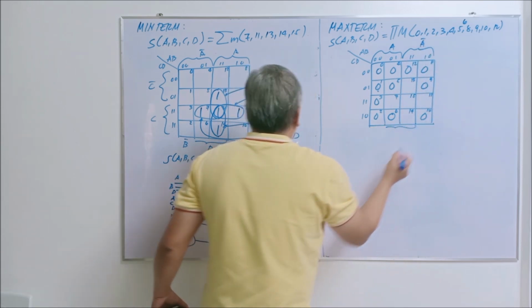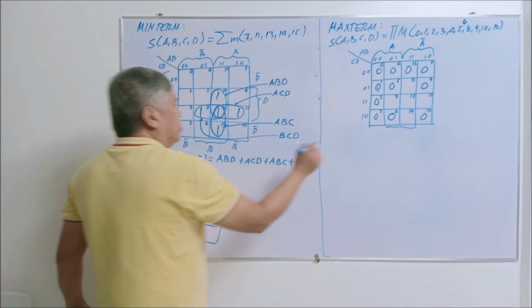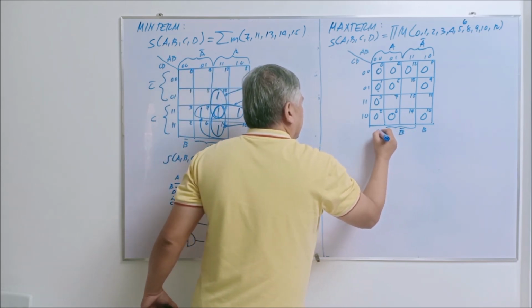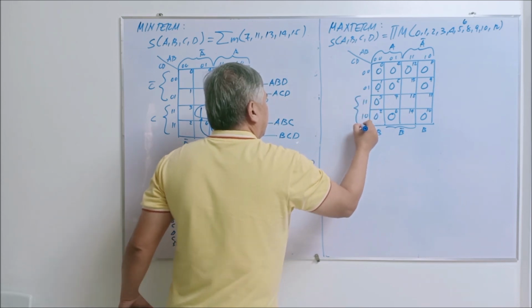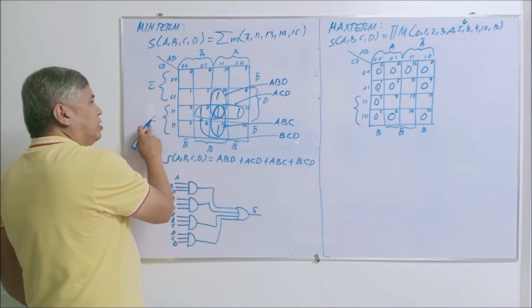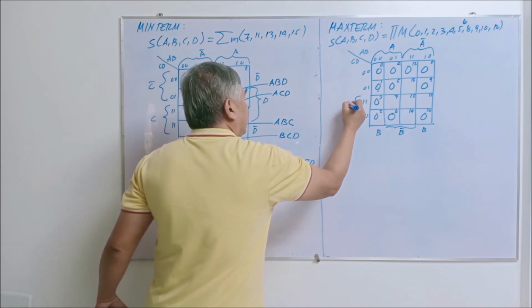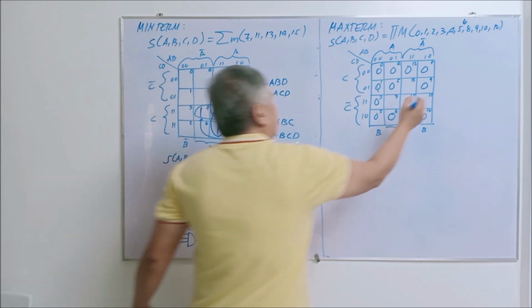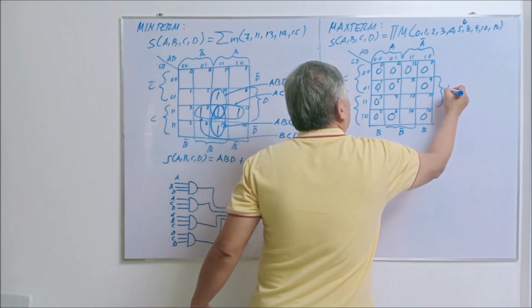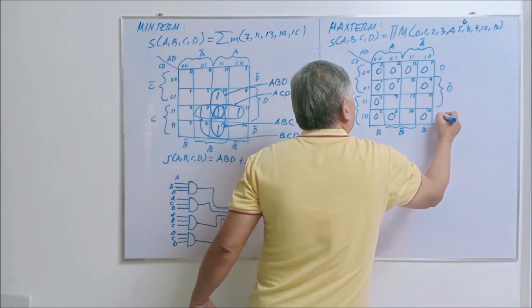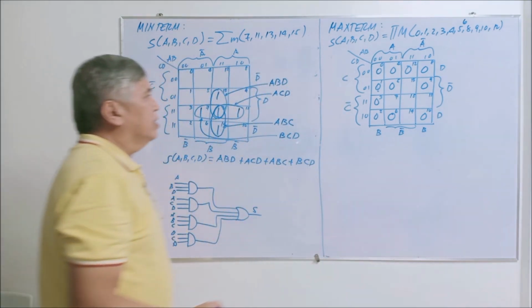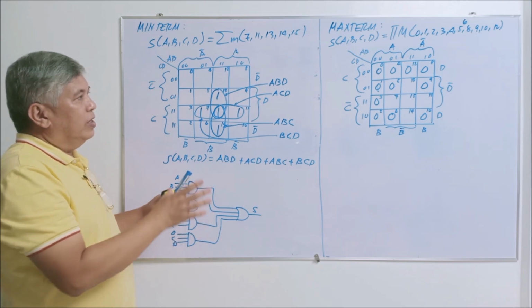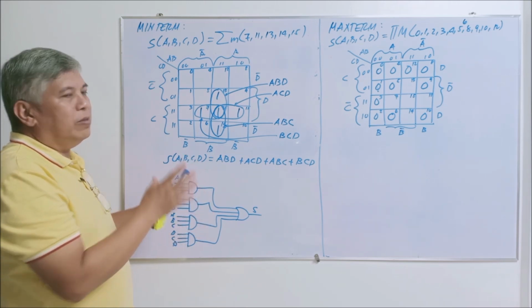This one here, opposite, this is B. So therefore this one here is B bar, and this is B and B. And this one here is C, so opposite, C complement. And this one here is C, and this particular area will be D bar, D, and D. Okay? So we group them as A's. So we maximize the grouping first.